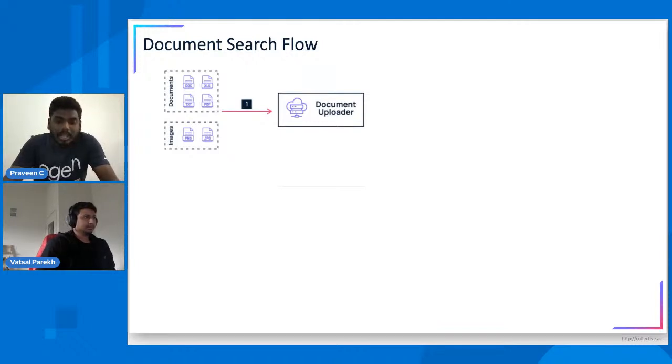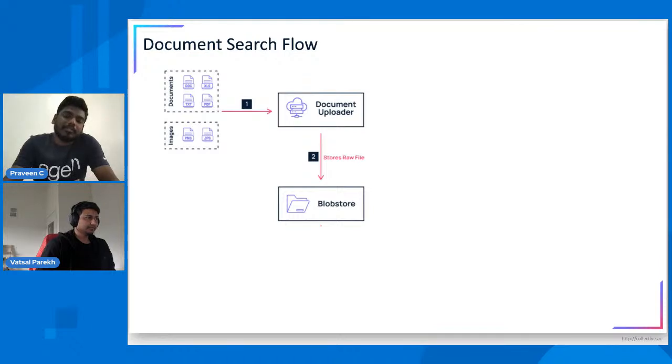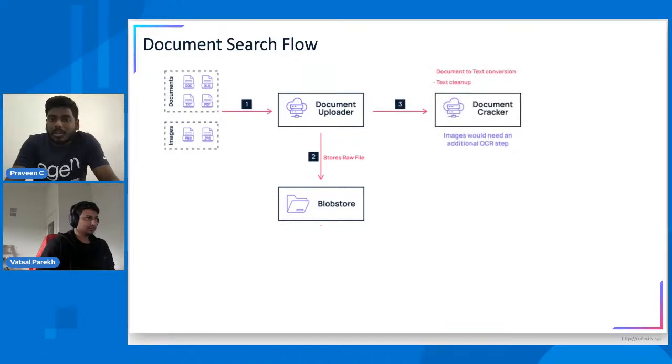One, it should upload the file to blob storage, so that when we need the files later for the search, we can retrieve them from blob storage. The other is to send it to the document cracker. Once we store it, we also need to crack open these documents, right? So we need to extract the contents of these documents and have the search on top of it, correct? So we need this document uploader to do both these things.